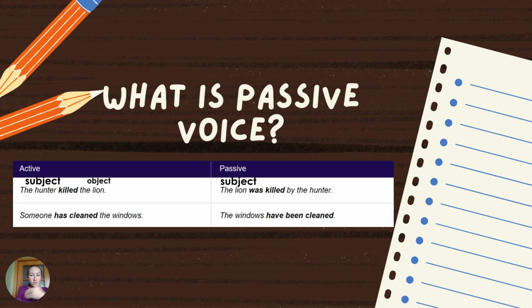I is the subject, love is the verb, and English is the object. In the passive voice, the object which you had in the active voice starts to be the subject. Someone has cleaned the windows. The windows have been cleaned, for example.